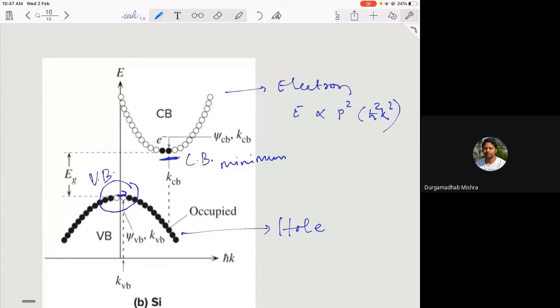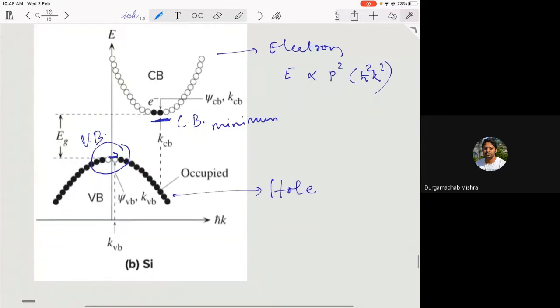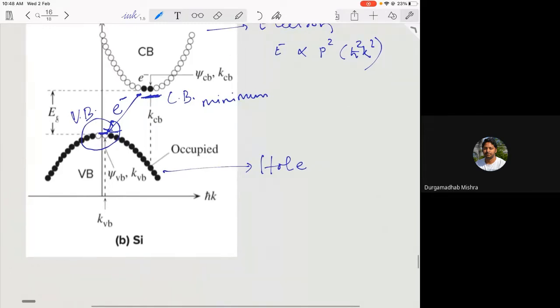And in this case, let's say my electron jumps from here to here. You can say energy will be conserved, but momentum is not conserved. Your delta P is not equal to 0.